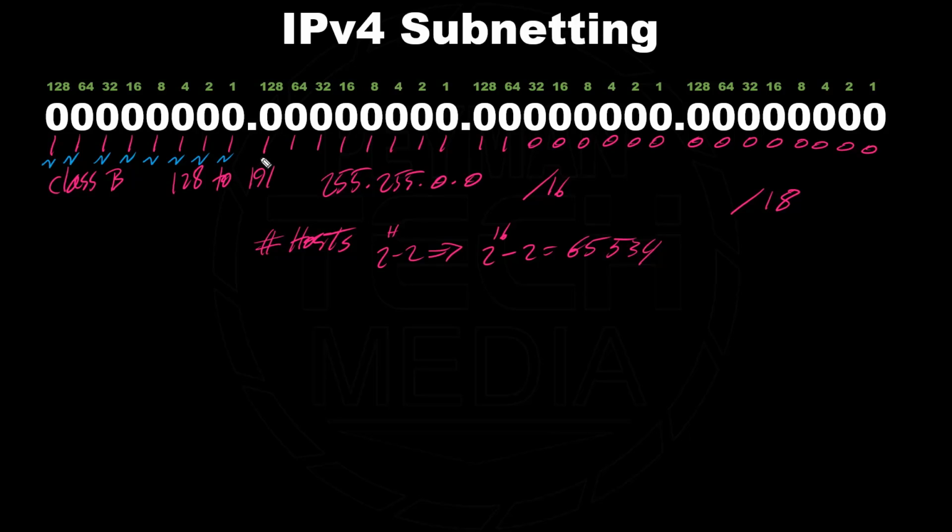That's the default subnet mask for class B. We have 16 bits for network, in other words, 16 ones, and then 16 zeros based on the default subnet mask. Zeros represent host bits. So from the host bits, in this example, we borrowed 2 bits. These 2 bits are known as subnet bits, and all the zeros are known as host bits.